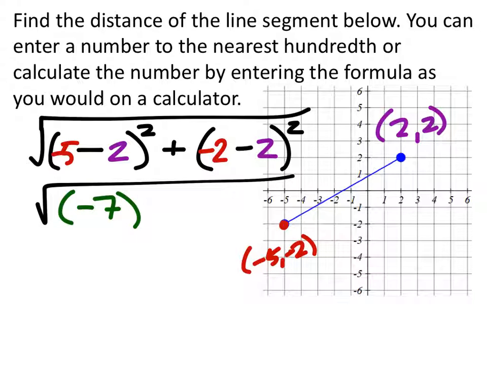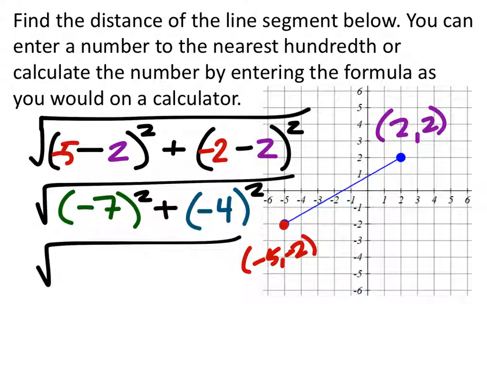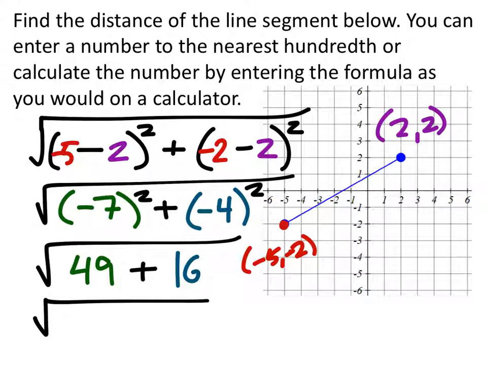Of course, we're squaring that. And we'll add that to negative 2 minus 2, which is negative 4, and square that as well. Of course, we're taking the square root of all that. So negative 7 squared is 49, and negative 4 squared is 16. Let's add those together. Square root of 49 plus 16, 65. Seems like we've seen that before, but it wants us to plug it into the calculator anyways.